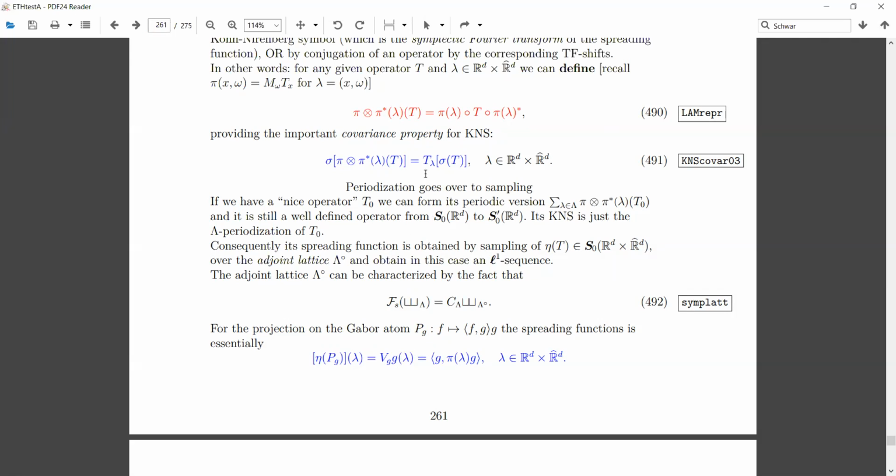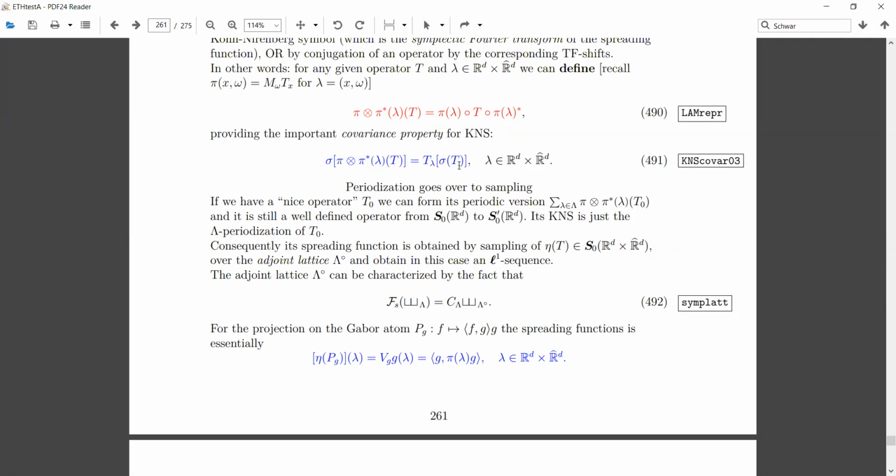So what are we doing when we are doing a sum over these symbols? We would say, okay, this is just a special case of periodizing a given function. So again, if G is a nice atom in S0, this sigma t will be a decent function of two variables, a bump function. Actually, if you start with the Gauss function, the absolute value of this symbol and also of the eta both have the shape of a Gaussian.